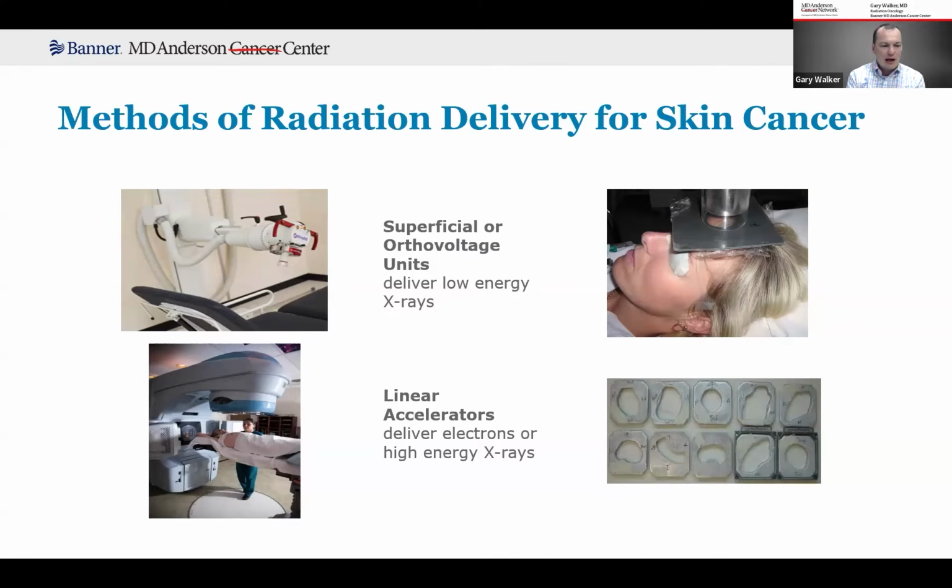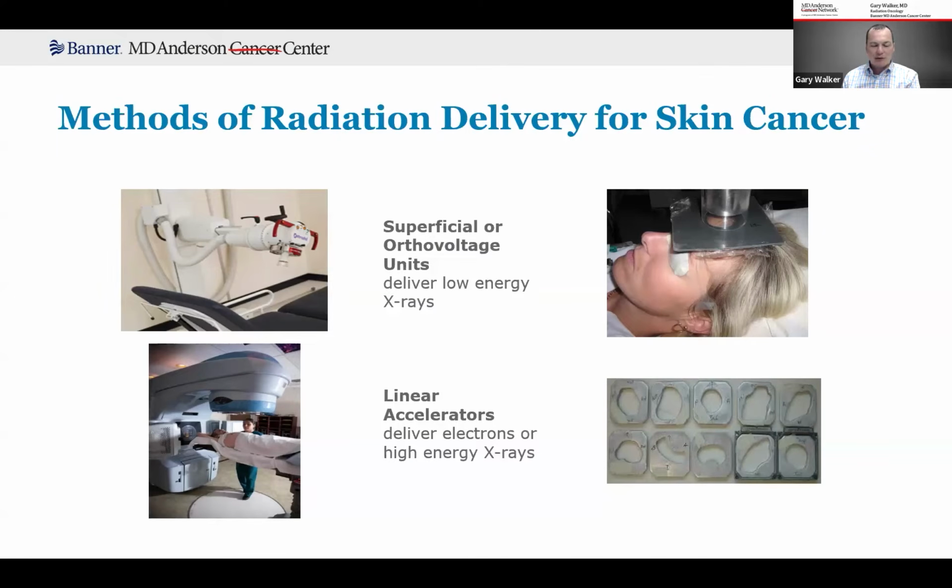And so these are what's commonly used to deliver radiation. On the bottom right panel, you can see these lead cutouts. So we can actually customize the treatment to the shape of whatever tumor we're treating. This can be done by putting these lead cutouts in the head of the machine, or we can actually put the lead cutout right on the patient's surface, on their face or whatever area we're treating.